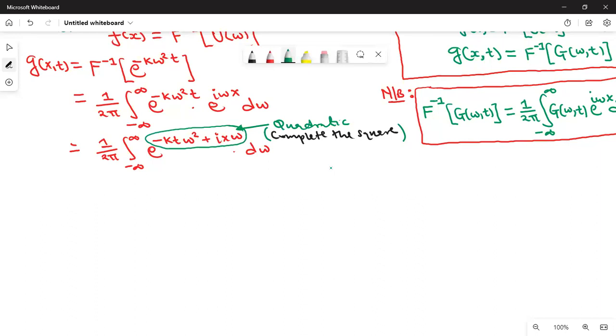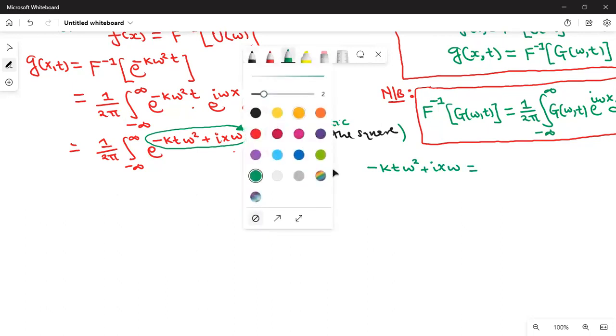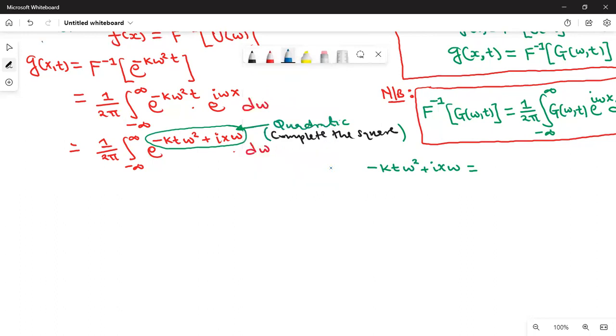Remember that negative kt omega squared plus iota x omega can be written as negative kt, bracket, omega squared minus iota x over kt times omega. I have factored out the negative kt.